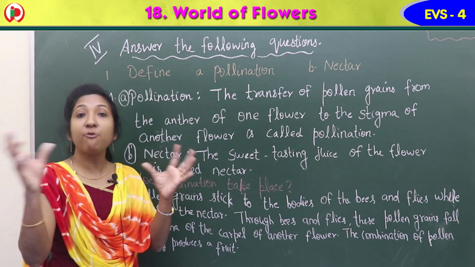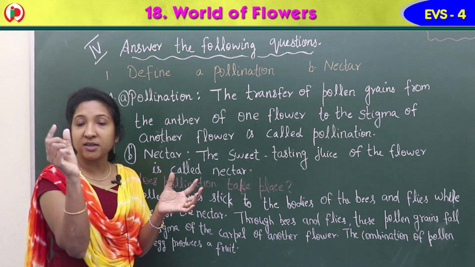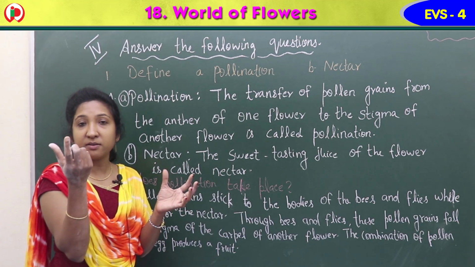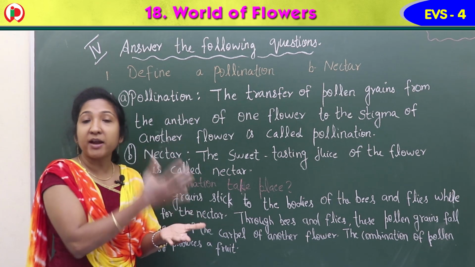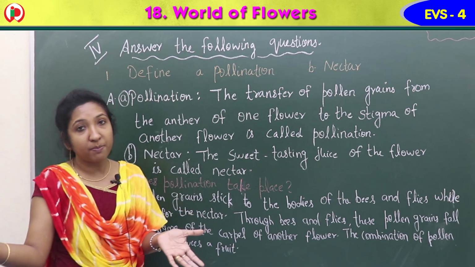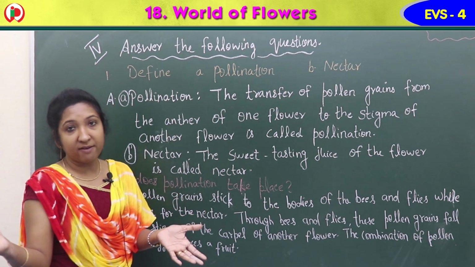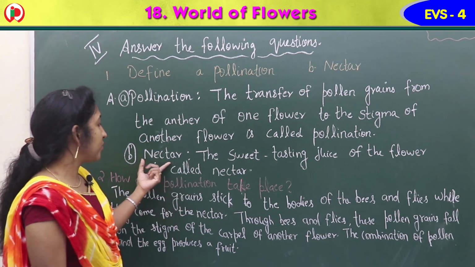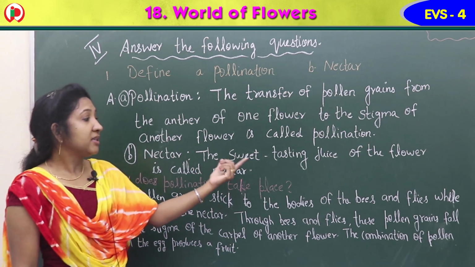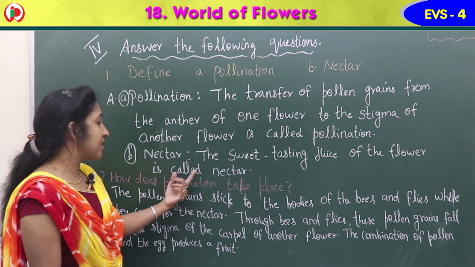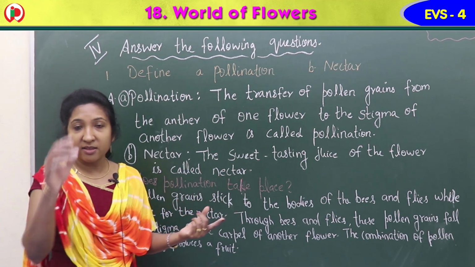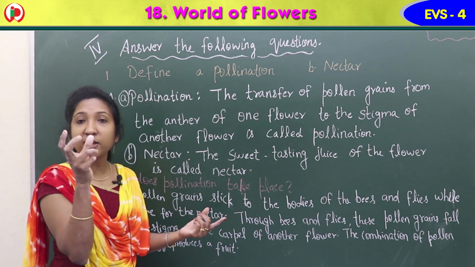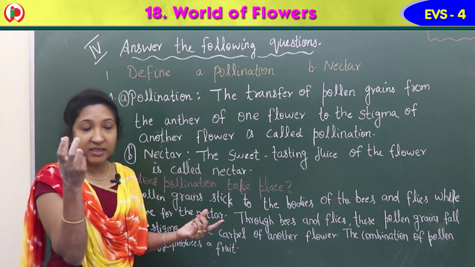The transfer of pollen grains, that yellow colored substance, a fine powder, from the anther, the male part of one flower, to the female part, the stigma of another flower, is called pollination. Now nectar. The sweet tasting juice of the flower is called nectar. Flowers have a sweet tasting liquid called nectar.